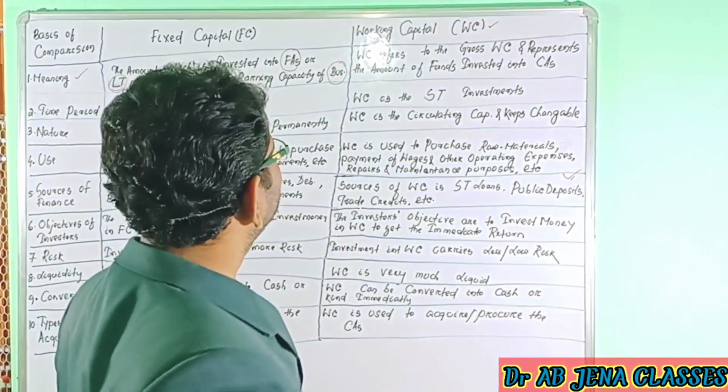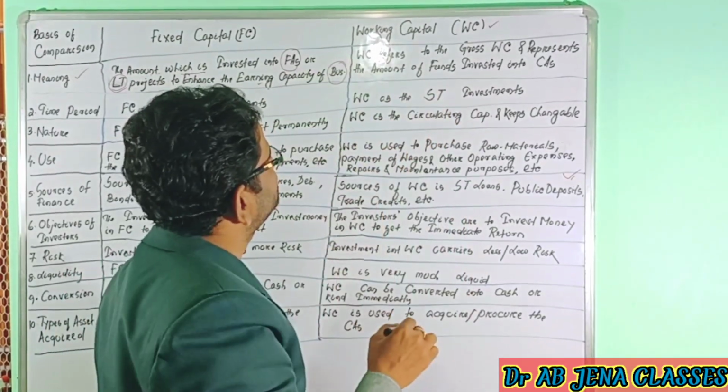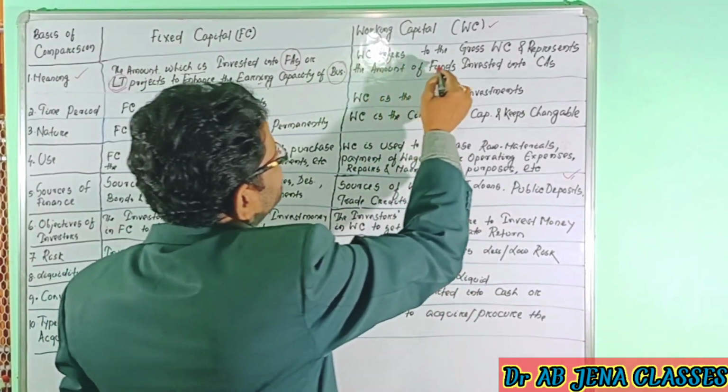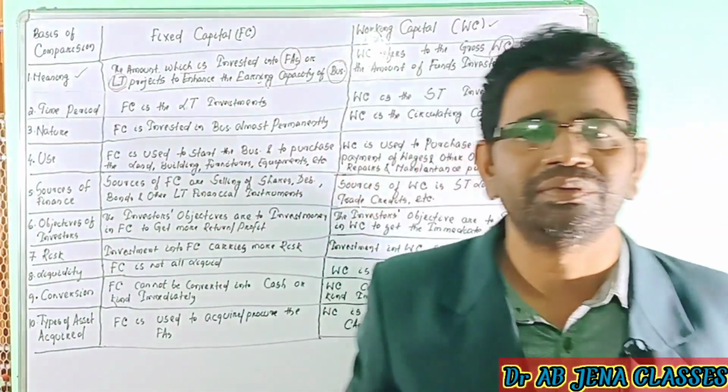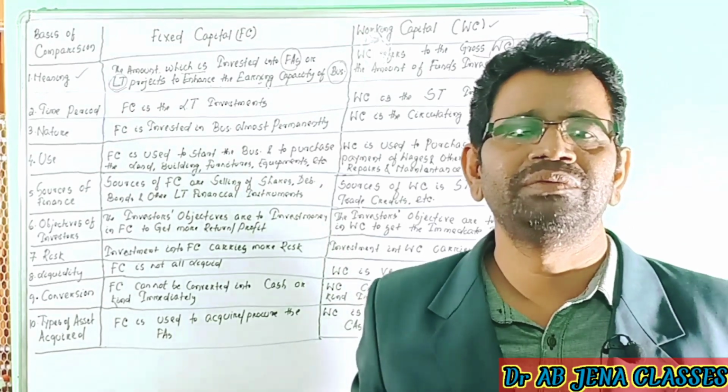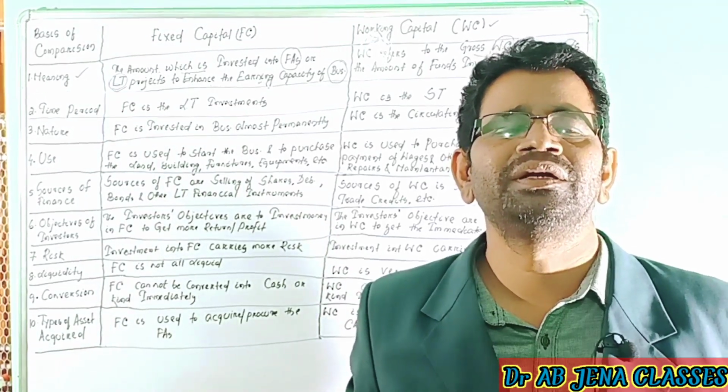Coming to the right hand side, working capital. What is the meaning of working capital? Working capital refers to gross working capital. Again, I am repeating: gross working capital is equal to total current assets.